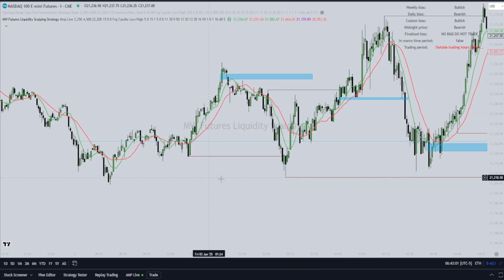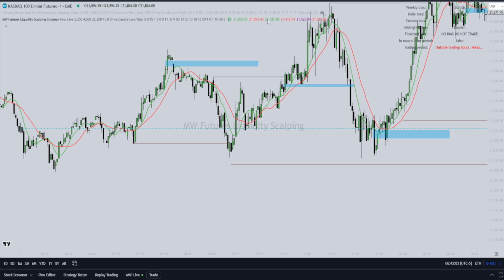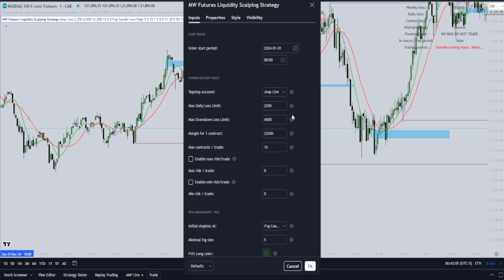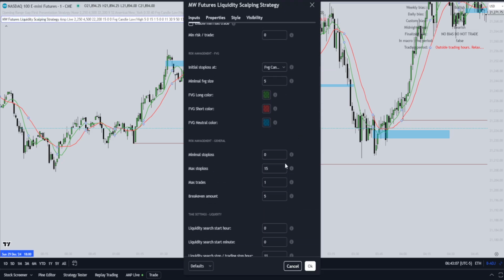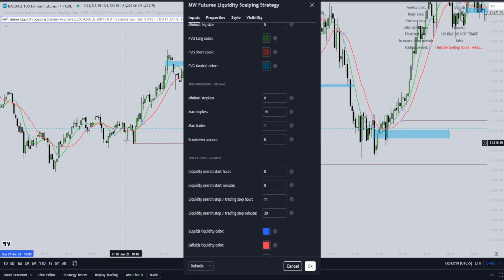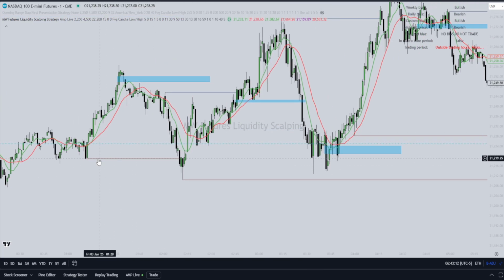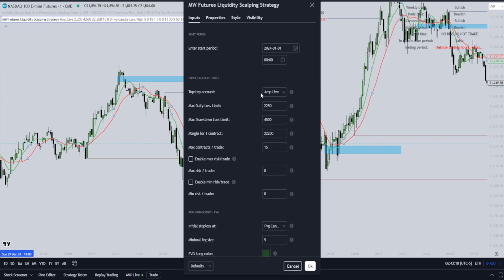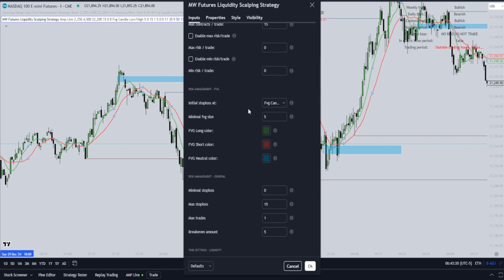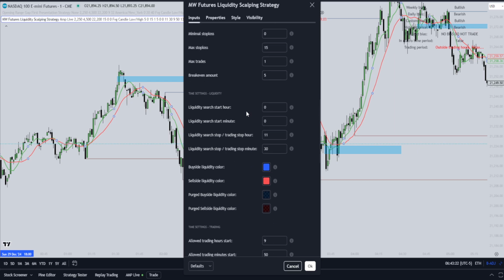So once it's set at 00, from that moment on, so at midnight, it will start looking for your basic liquidity. You can also see that over here, it will start looking for liquidity around this time. Very easy, but it will determine a lot of things in your script.